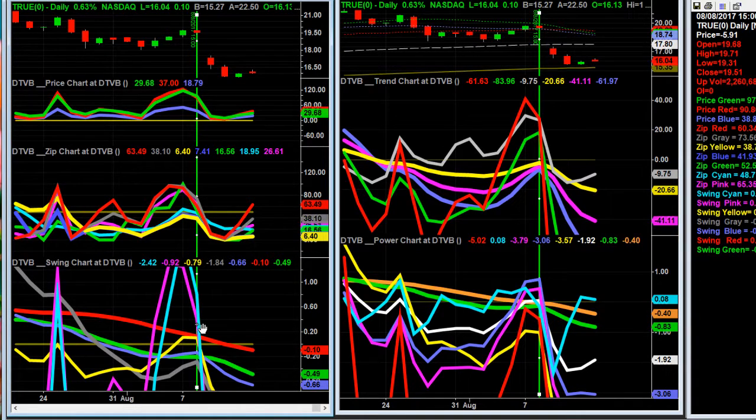And just as important, ZIP yellow, on the vertical green line day, is at 0.11. So it's right next to zero. You can also see that swing Zion has crossed under 50 going down. Swing yellow, ZIP Zion and ZIP yellow are going down. ZIP blue is right in there.